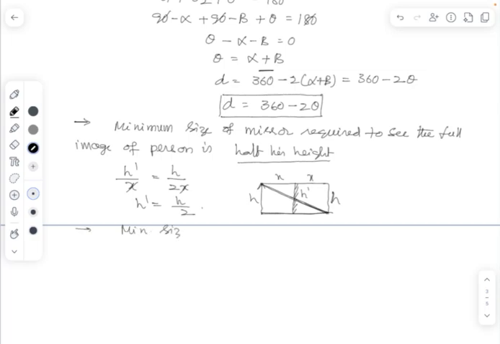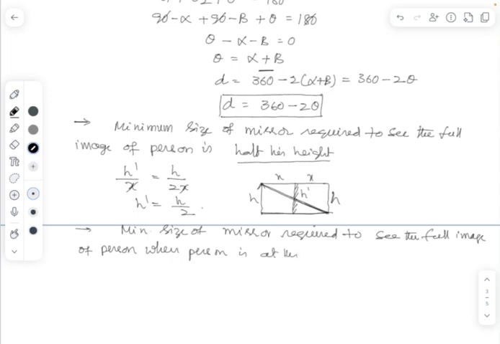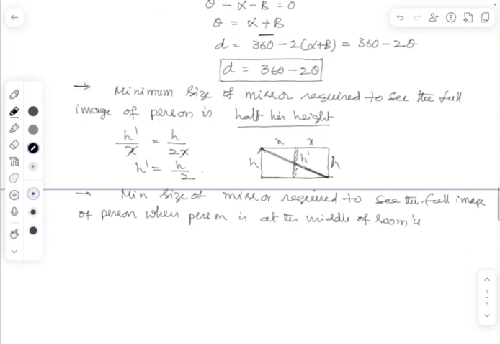Minimum size of mirror required to see the full image of a person when the person is at the middle of the room.